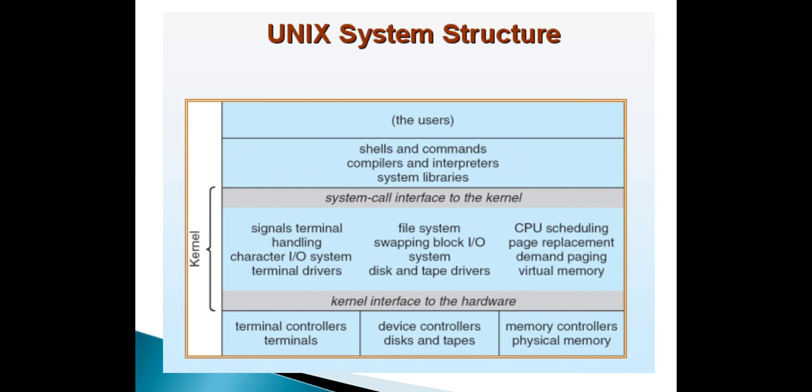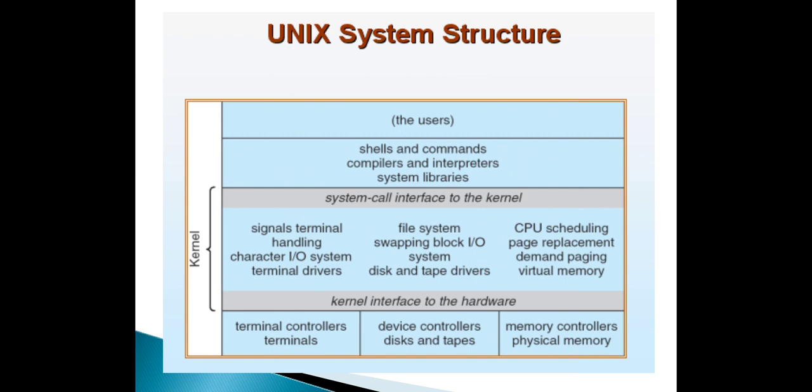The Unix system structure is a very important structure to understand: we have software at one end and hardware at the other end, and to make them interact we use various subsystems, which process whatever you handle in the Unix operating system.